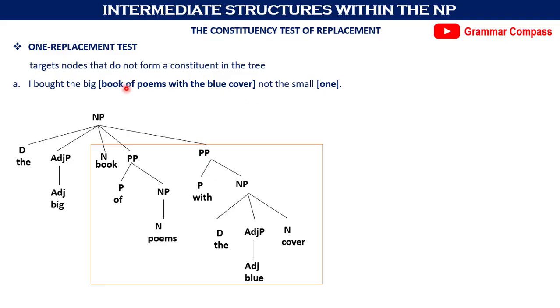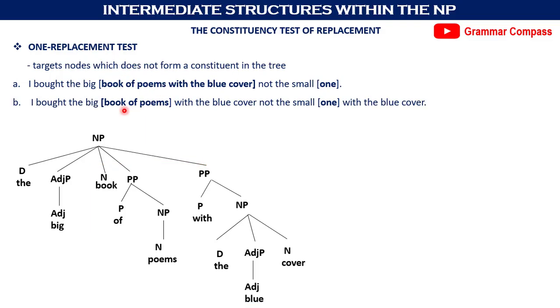Now, apart from targeting book of poems with the blue cover, we can also target other constituents within the noun phrase with the one replacement test. Let us see that. Now, we can use the one replacement test to target book of poems. For example, I bought the big book of poems with the blue cover, not the small one with the blue cover.